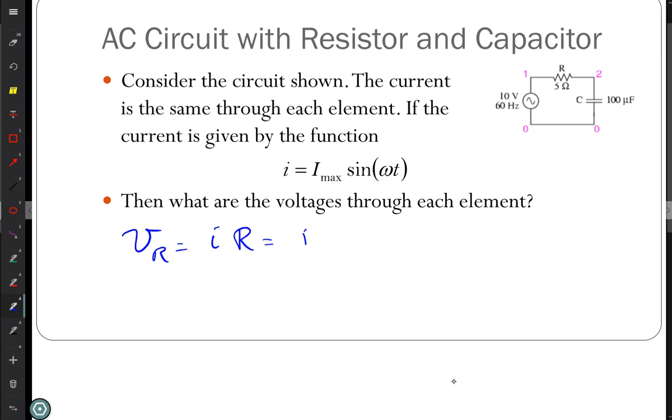So that's going to be resistance times I max times sine of omega t. In this problem, what is omega? Okay, I heard a couple different answers. Who's confident? Can say it loud for me to hear. Okay, it is angular frequency. I want a number for it.